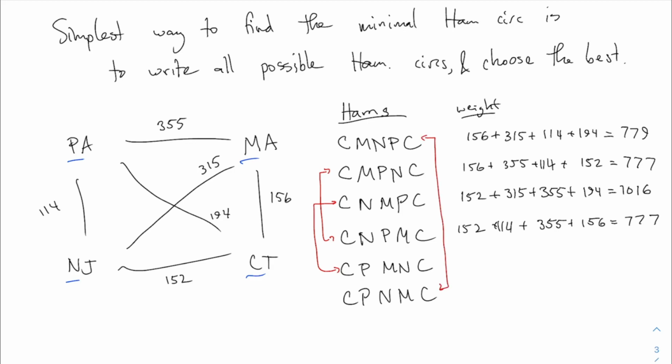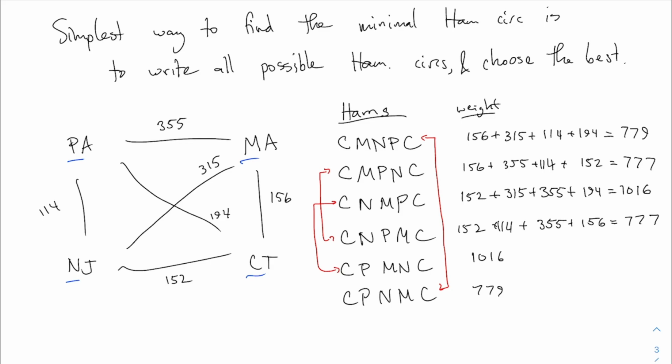And so actually you don't have to recompute these numbers. This one is also 1016, and this one is also 779. All right, this will save you half of them. You don't have to actually add them all up. You only really have to do about half of them.